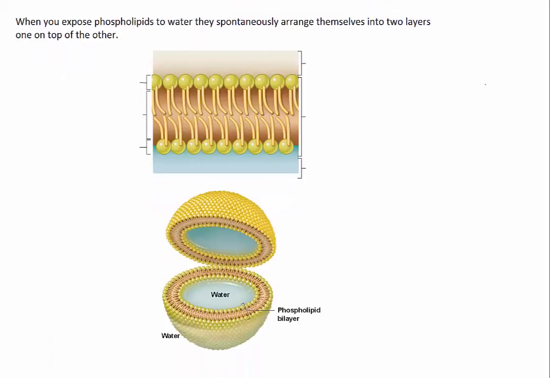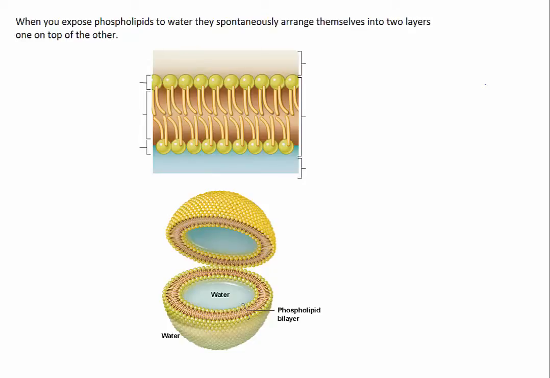This is very important because it means when you expose phospholipids to water, they spontaneously arrange themselves into 2 layers, one on top of the other, where the hydrophilic heads of the phospholipids are exposed to the water, and the hydrophobic tails arrange themselves pointing away from water. This means that in cell membranes, the hydrophilic heads are exposed to the watery medium outside and inside of the cell, and the hydrophobic tails face each other on the inside of the membrane.